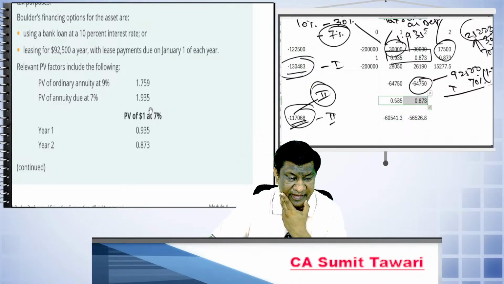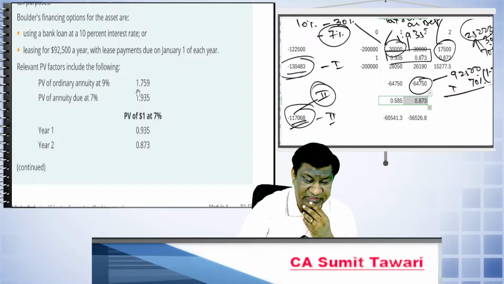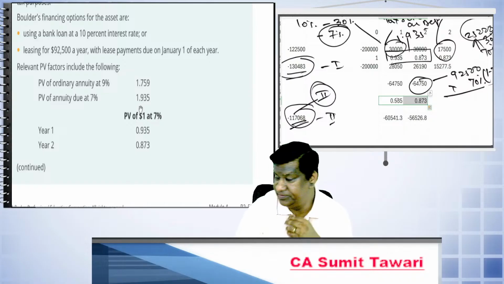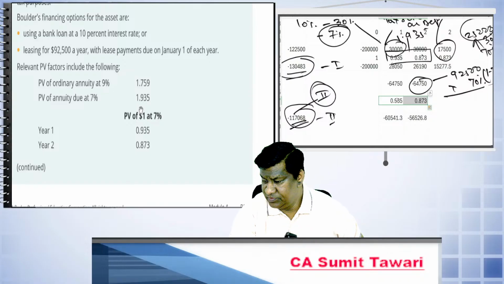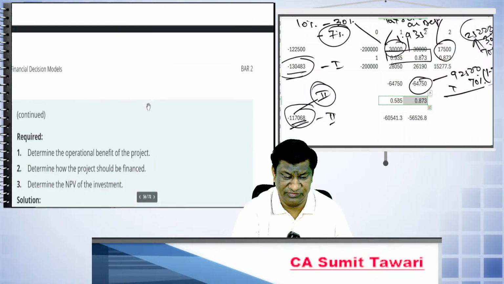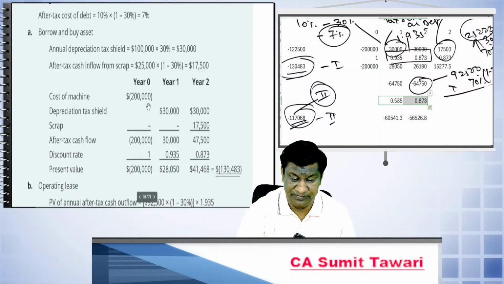So basically, if you add together, then it should be 1.808, but here they gave 1.935. So that is a mistake. Generally, it should be the total.